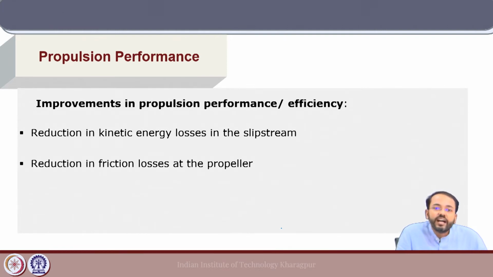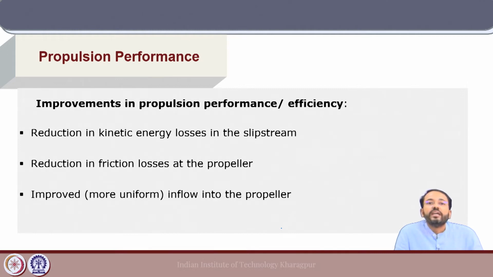Next, reduction in friction losses at the propeller. For example, the geometry of the propeller blade will govern the friction losses at the propeller, and there are ways to reduce the friction losses by which efficiency can be improved. A more uniform inflow into the propeller, this is a very important point.